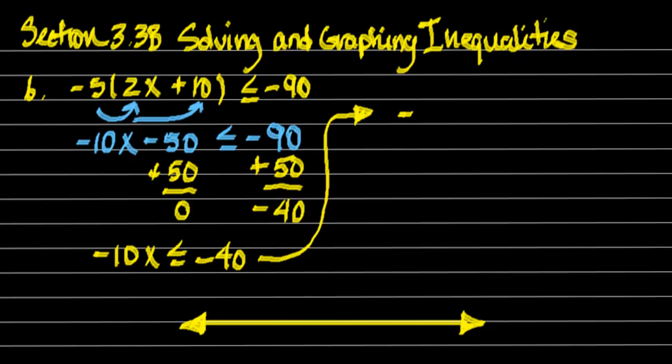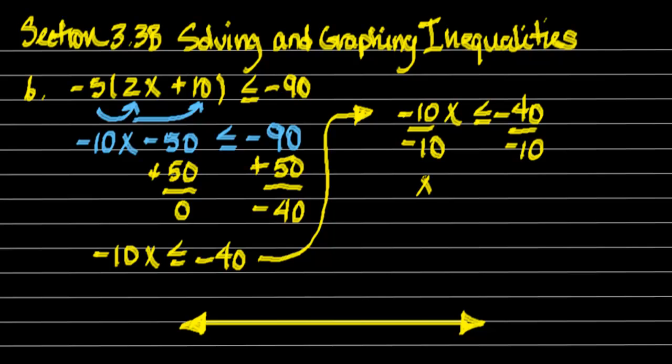So a negative 10x is less than or equal to a negative 40. I'm going to divide by the negative 10. A negative 10 divided by a negative 10 is 1.